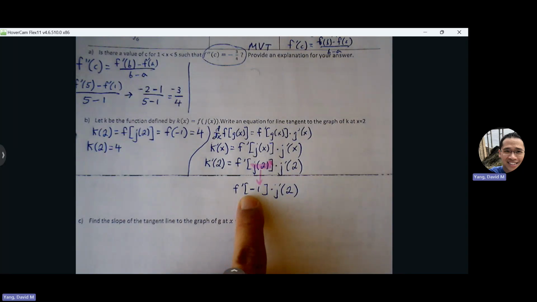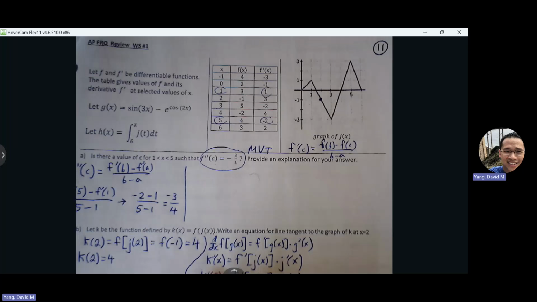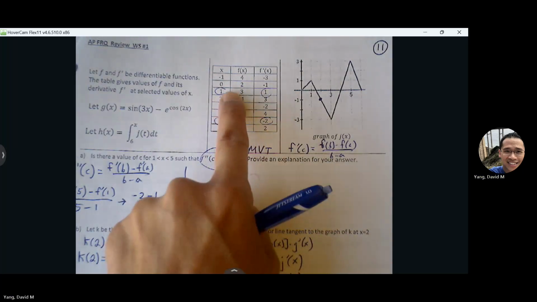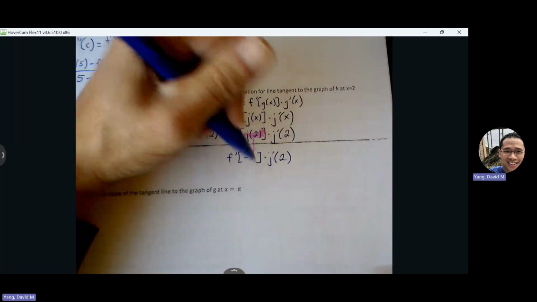So now all we're left to find is f prime of -1 and j prime of 2. f prime of -1, we can pull from the table. -3.